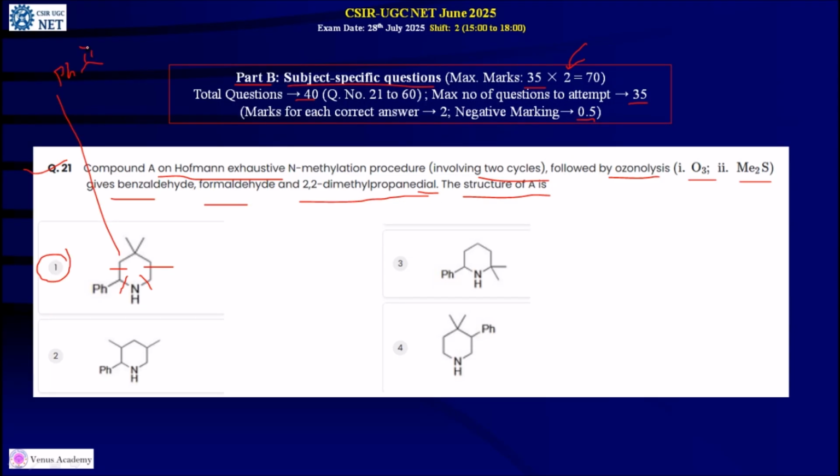This is benzaldehyde, coming from this phenyl part, and this 1 carbon is going to give formaldehyde. 1 carbon aldehyde is nothing but formaldehyde. And the remaining 1, 2, 3 carbons, 2,2-dimethyl propane diol, it is going to give like this.